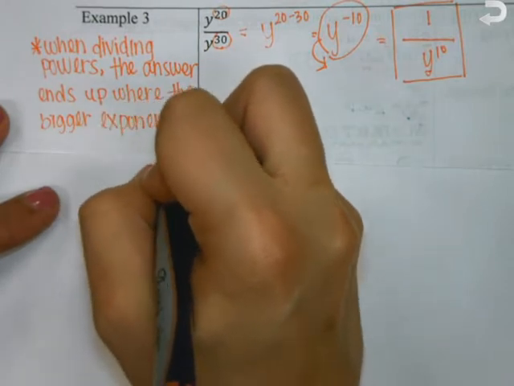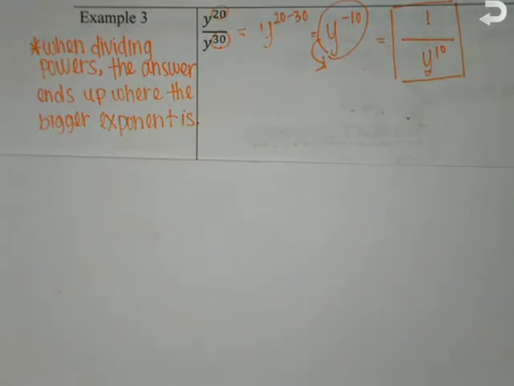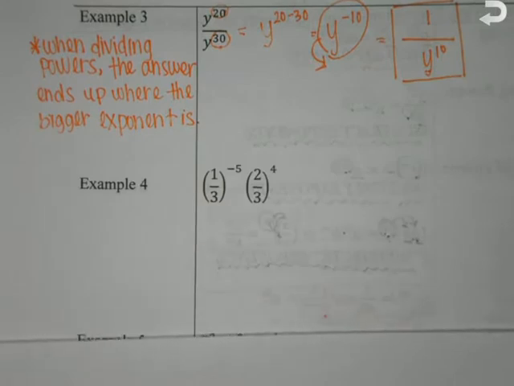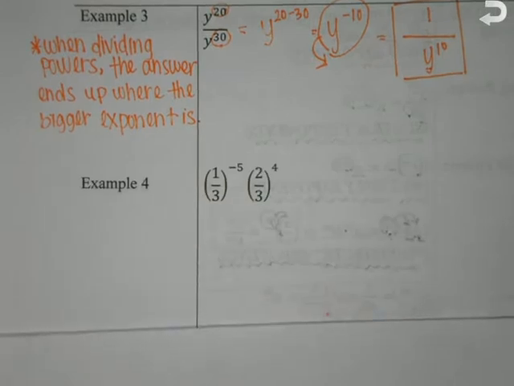Example number 4. We have 1/3 to the -5th times 2/3 to the 4th. My suggestion, whenever you see something that looks like this, simplify it as much as possible first and then worry about the negative exponents. So if you go back and look in your notes, what did it say we're supposed to do when I have a fraction to an exponent?